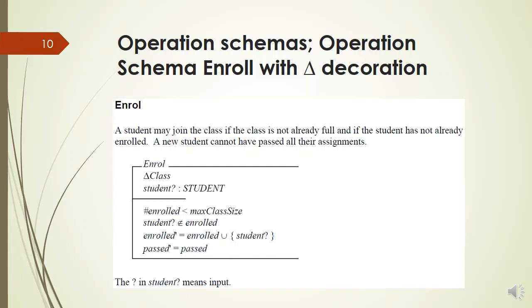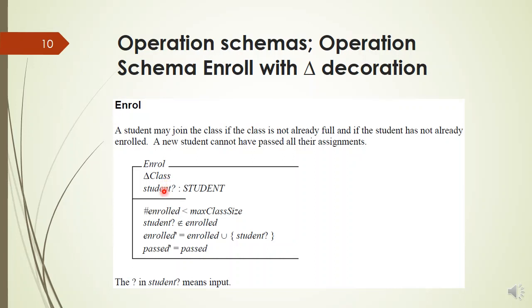So the delta decoration will be used with the name of the state schema class, and by writing the name of the state schema class, all the state variables and invariants are called here, and there is no need to rewrite all the variables and predicates.